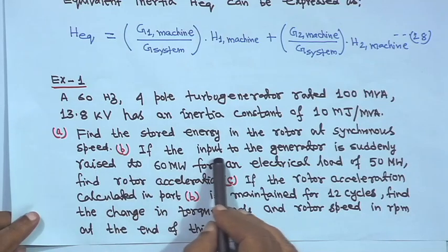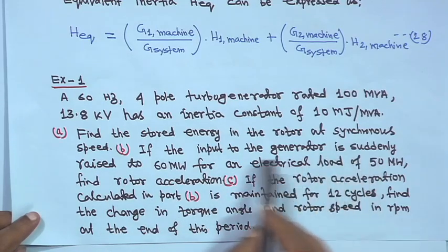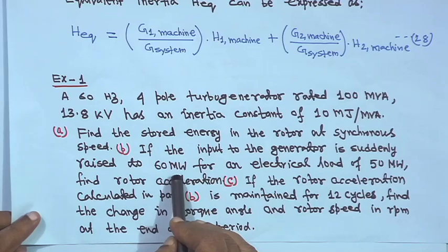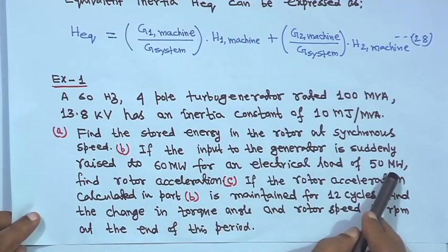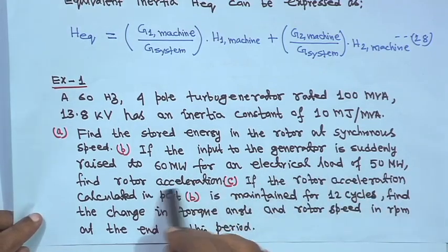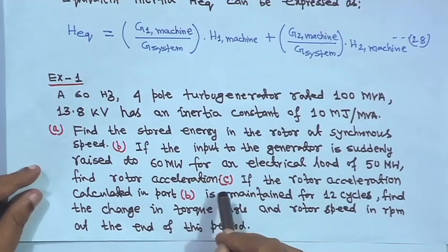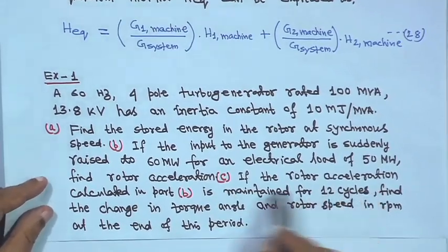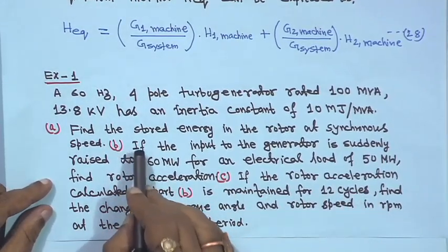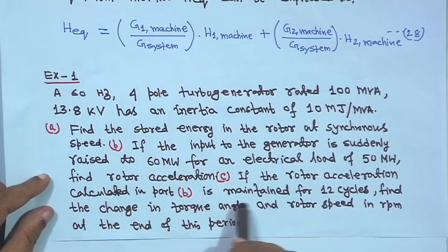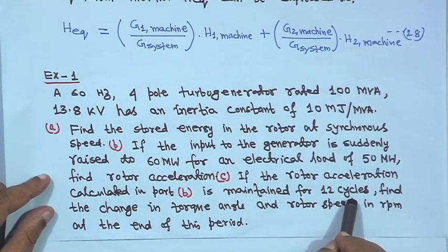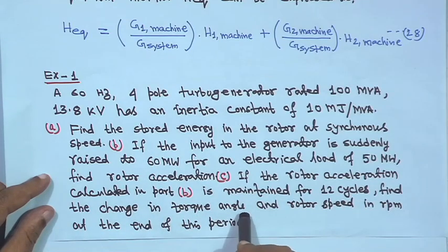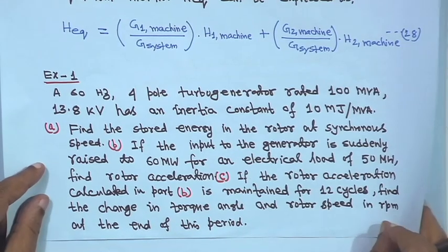B, if the input to the generator is suddenly raised to 60 megawatt for an electrical load of 50 megawatt, find the rotor acceleration. And C, if the rotor acceleration calculated in part B is maintained for 12 cycles, find the change in torque angle and the rotor speed in RPM at the end of this period. This is the problem you have to find out.